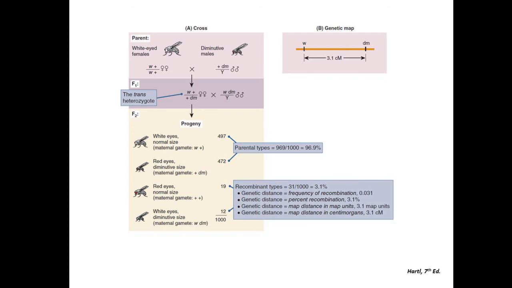So we look at this figure B. We show the map units in this way. So we write W and DM, two genes, and we show that the genetic distance between the two genes is 3.1 centimorgan. In this way, we can calculate genetic distance.